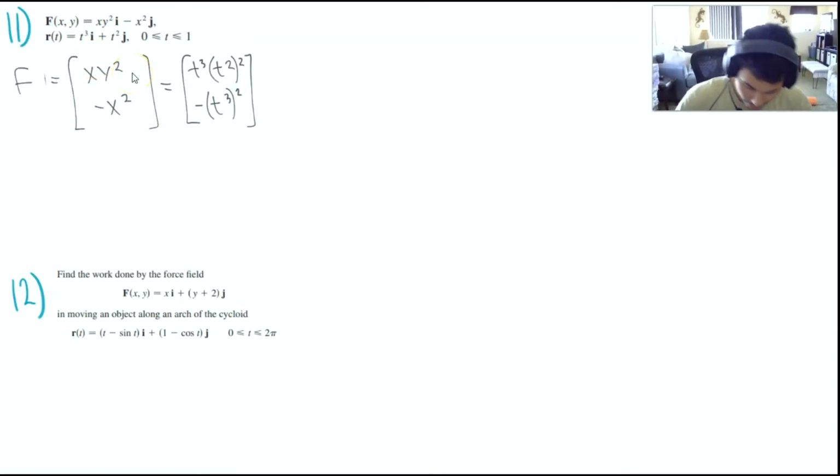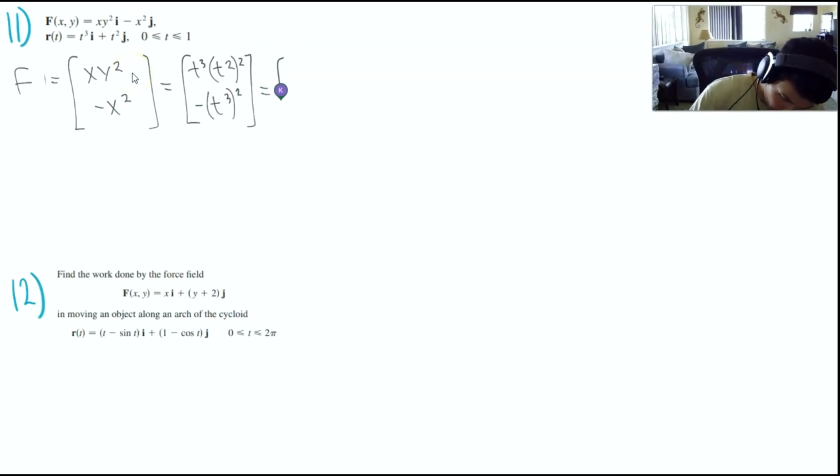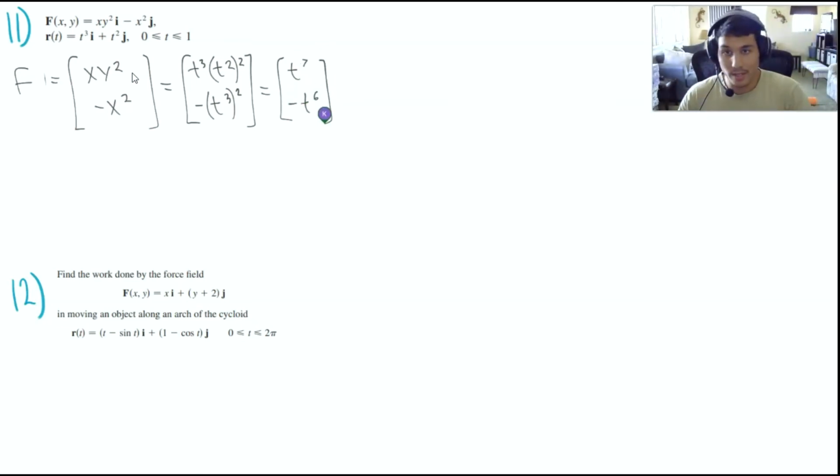There we go. So this becomes t to the 4, t to the 7, and negative t to the 6. There we go, we found f of t. And it looks a lot simpler too when you write it like this. We also want to know dr.